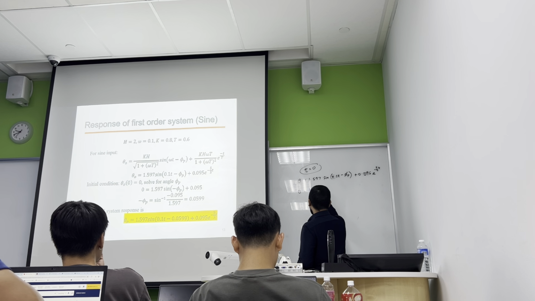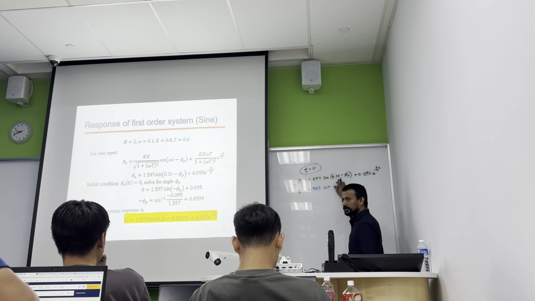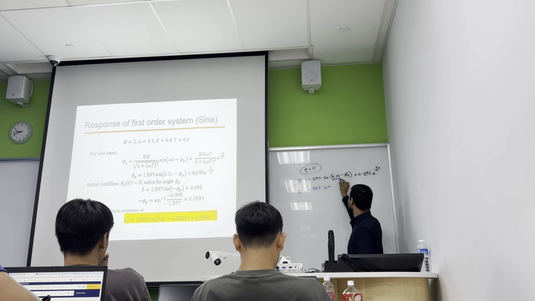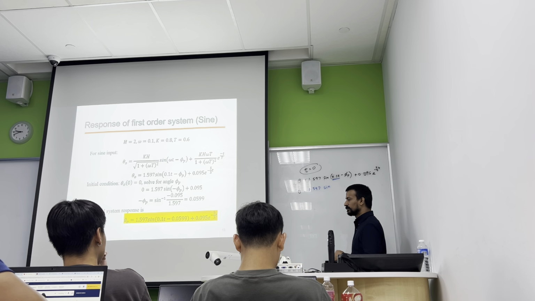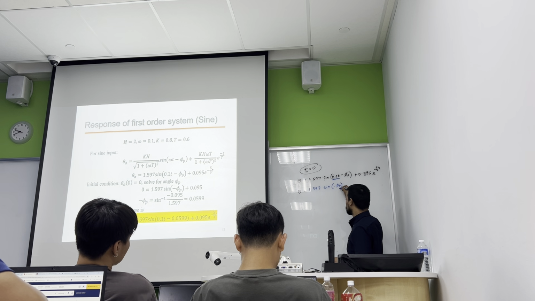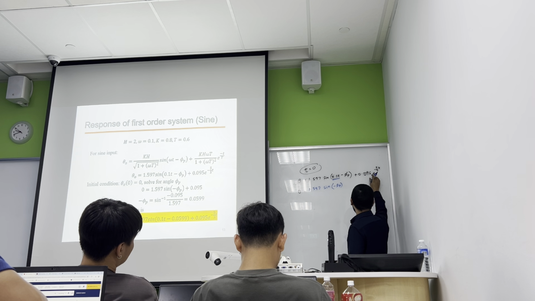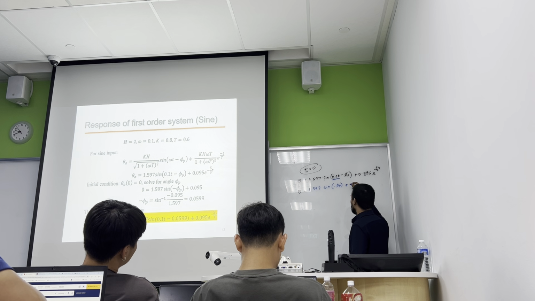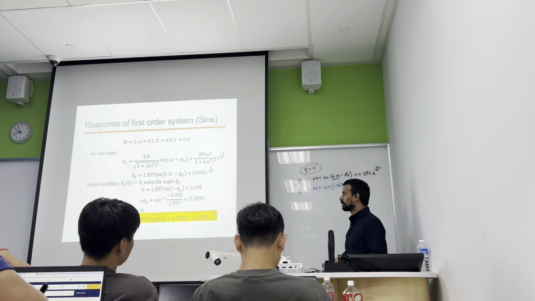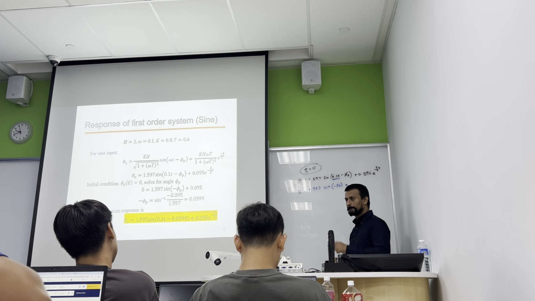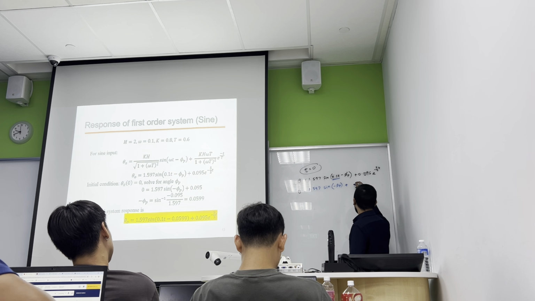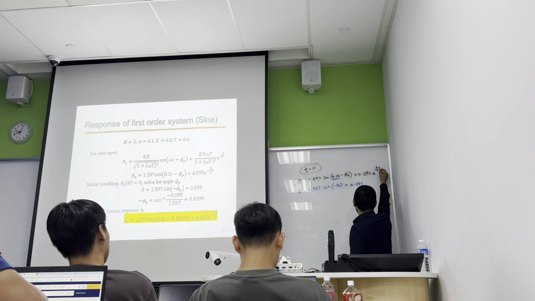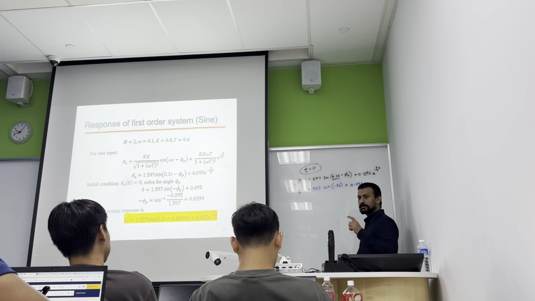So 1.597 sine. When this is 0, this entire term is going to be 0. Then here, exponential of anything to the power 0 is 1. 0.095, if this is 0, the exponential is 1.